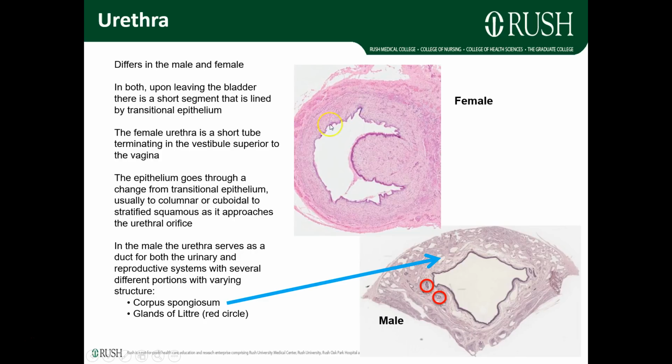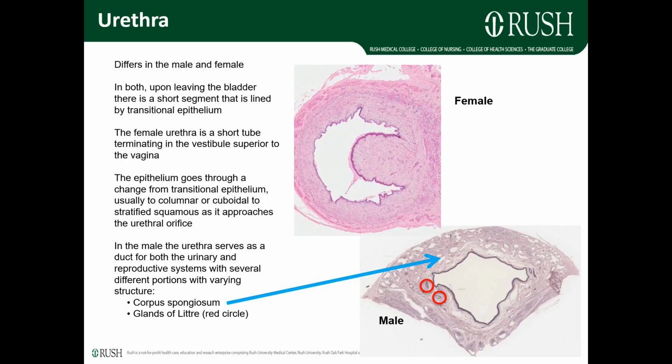In the female urethra, the tube is rather short and it terminates in a vestibule superior to the vagina. The epithelium then changes from transitional epithelium into columnar or cuboidal, and then eventually to stratified squamous as it approaches the urethral orifice for voiding.